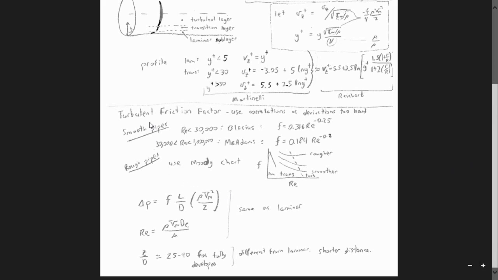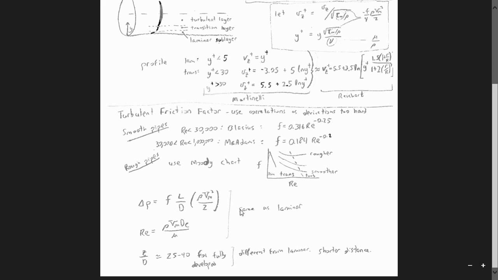So the reason, as we did in laminar flow, to find the friction factor is so that we can calculate the pressure drop. And we need to know the pressure drop because we need to know how much pumping power is required to keep the fluid flowing in our piping system. And we need to know how much pumping power so we can buy the right pump and run it at the right speed to move our flow.